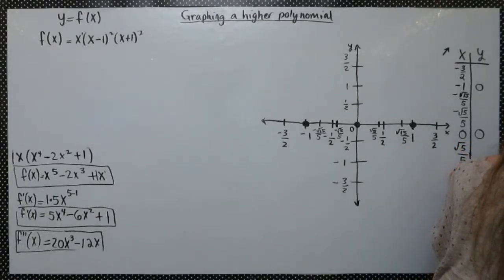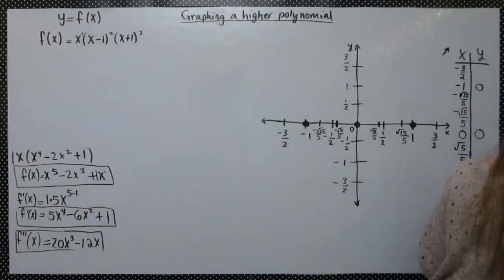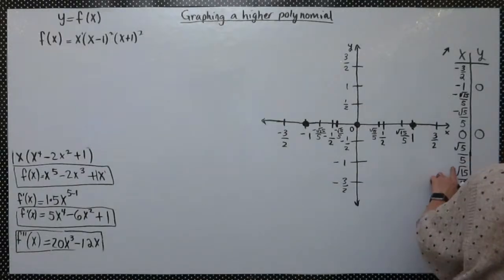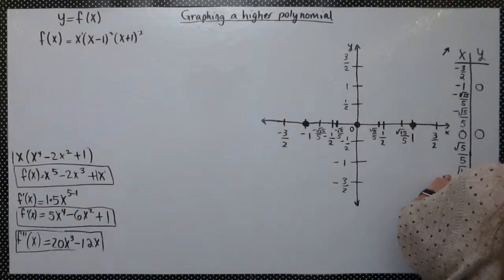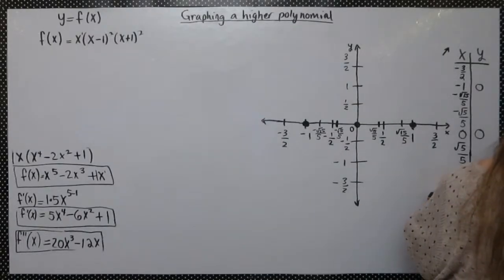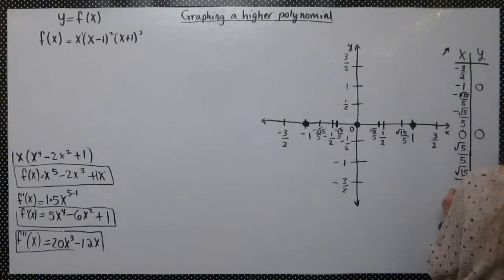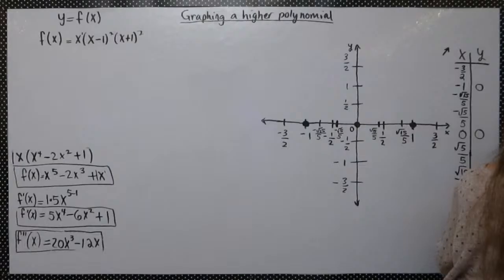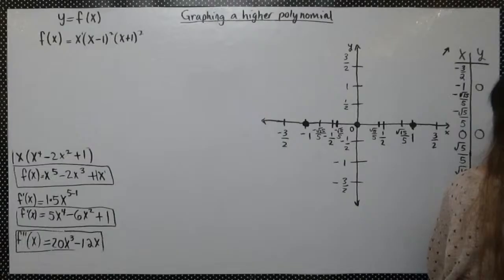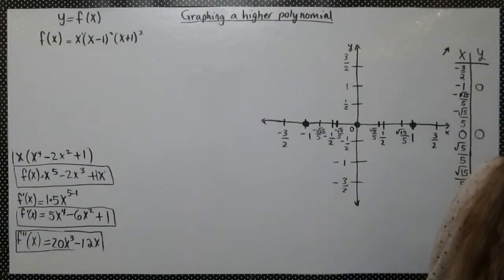Positive radical 15 fifths. And that radical is looking a little radical. Positive 1, we also know that's 0. And then we want to do positive 3/2, just to make it nice and symmetrical.